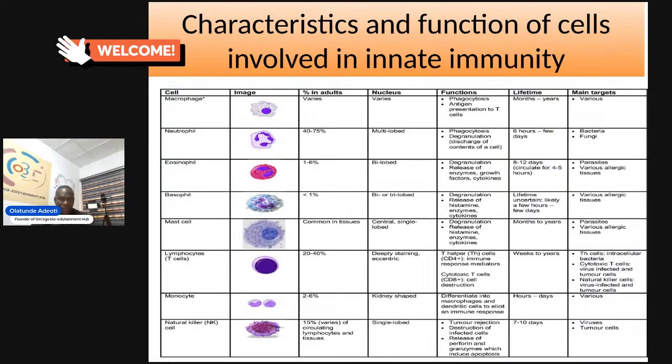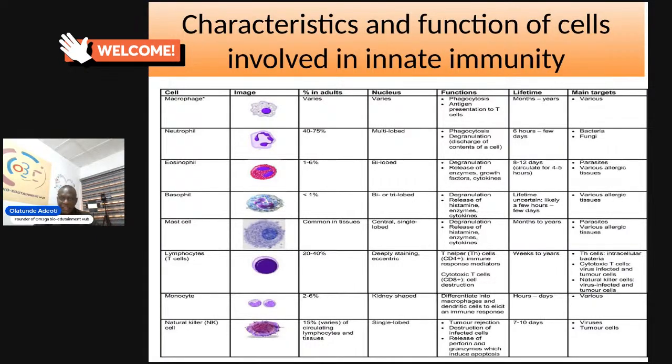Then the second component is neutrophils, and this is the structure, which accounts for between 40 and 75%, and is always multilobed, that is, the nucleus is multilobed. When you count the number of nuclei here, you will see that we have about 4 or 5 lobes. It also functions in phagocytosis, and it is also involved in degranulation, that is, discharge of the content of a cell.